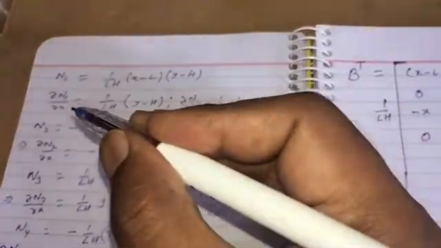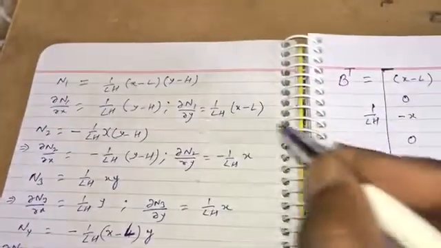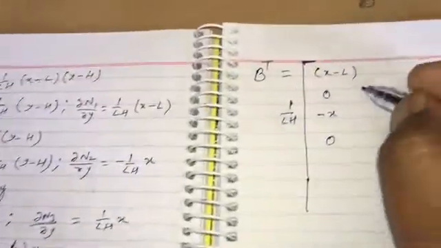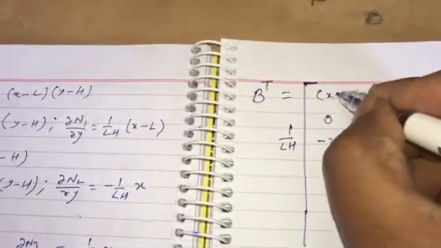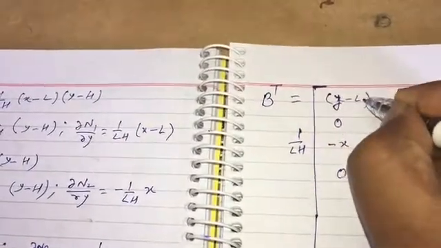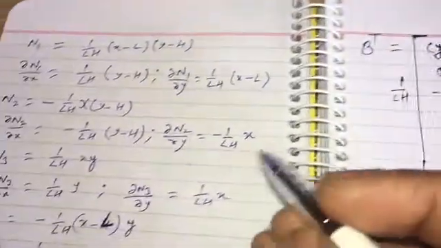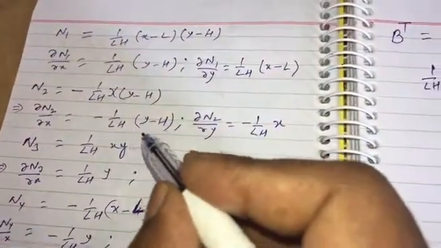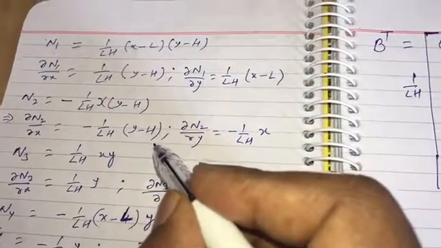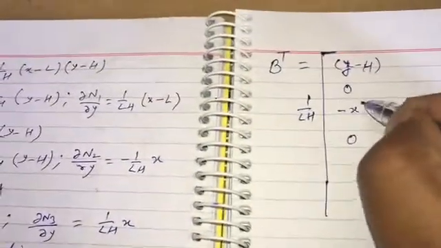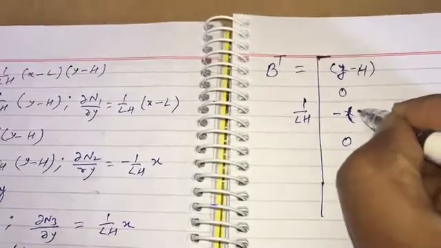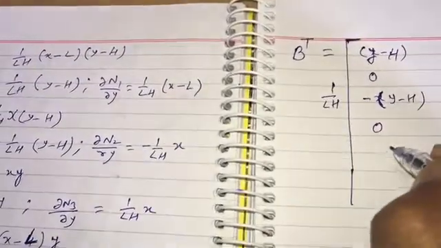Okay, so del N1 del x is here, so it's not y minus x minus h, this will be y minus h, 0. Then again here minus y minus h, so minus y minus h, 0.